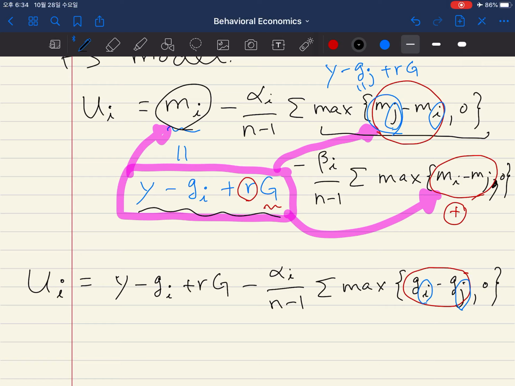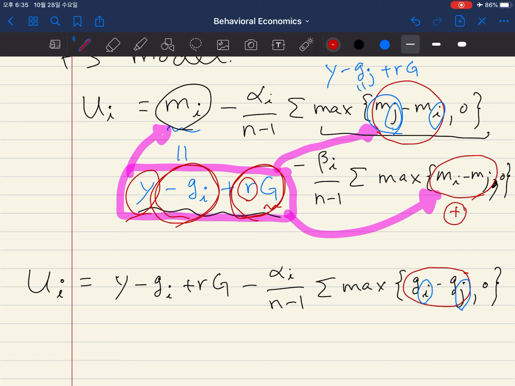So when we compare material payoff between individual i and individual j, we know that Y and R times G, these terms appear in both Mi and Mj, so they cancel each other. So the only remaining term is expenditure for public good. So in this public good game, the source of inequality between two individuals comes from this difference in expenditure for public good.